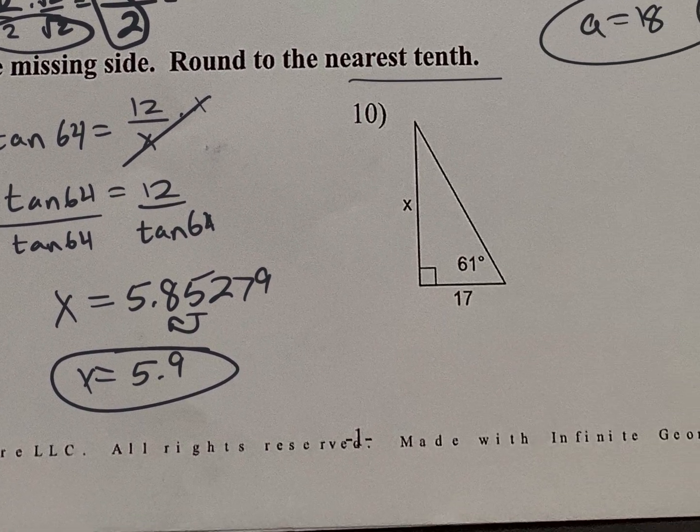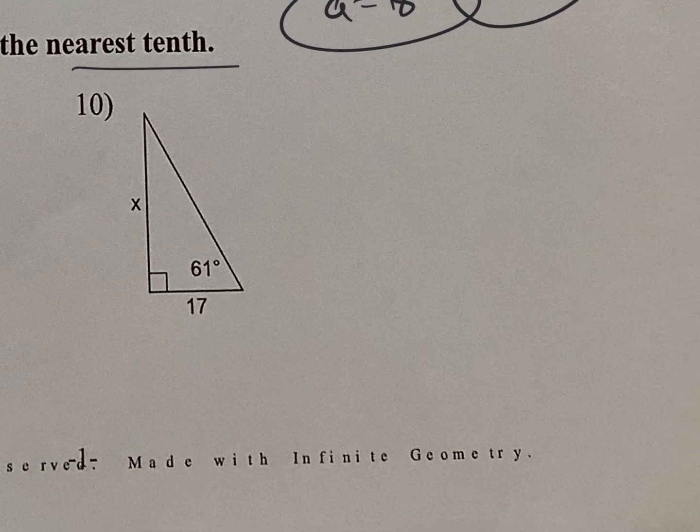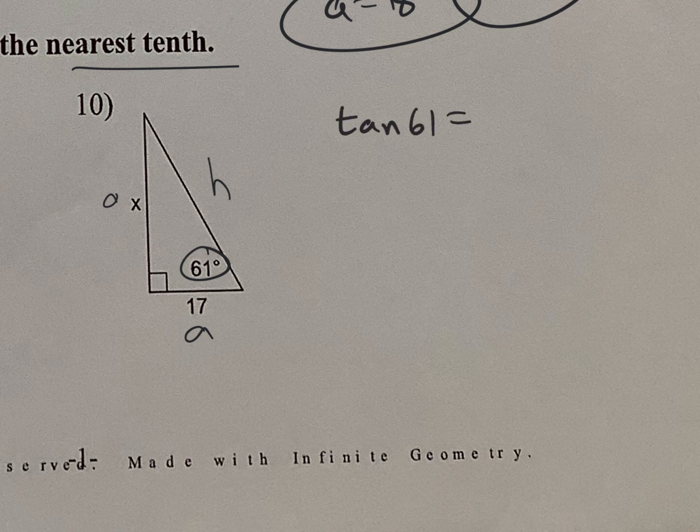All right, 10, the same type of thing. Starting at this corner, we have the opposite leg, that's your hypotenuse, this is adjacent. So we have the tangent again of 61 is equal to the opposite leg over the adjacent leg. Multiply by 17 to get x by itself.